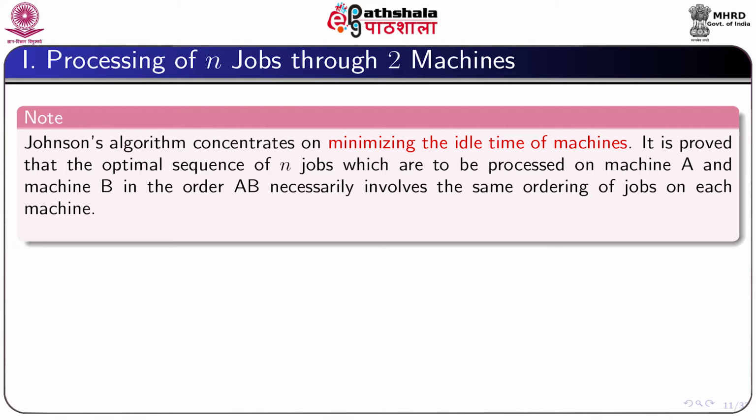It is proved that optimal sequence of n jobs which are to be processed on two machines A and B in the order AB necessarily involves the same ordering of job on each machine. The total elapsed time is minimum when the sequence of jobs is same for both the machines.